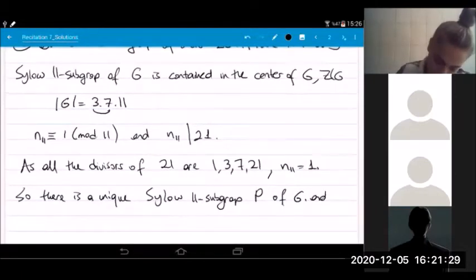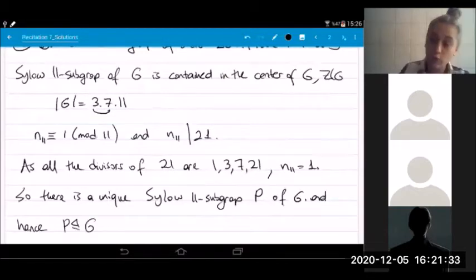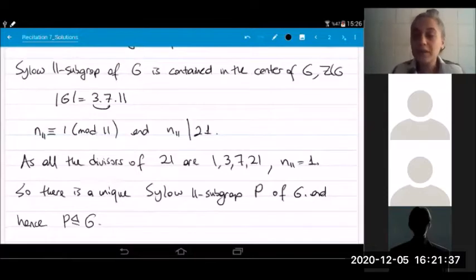And hence P is a normal subgroup of G. To show that it is contained in the center, we should think element-wise. So we are going to consider the action of G on this subgroup by conjugation, because since it is a normal subgroup, it is invariant under conjugation.